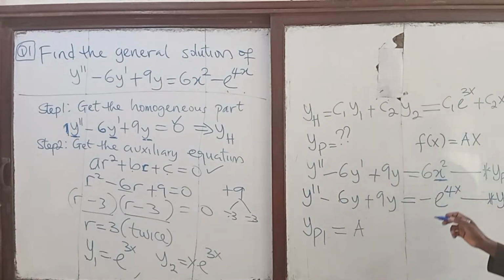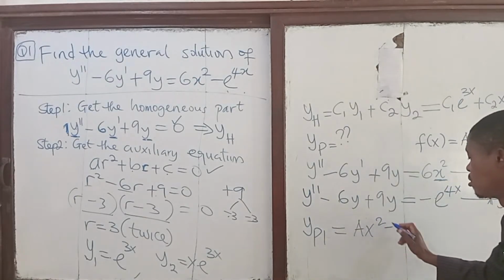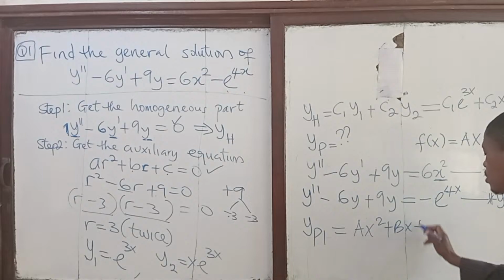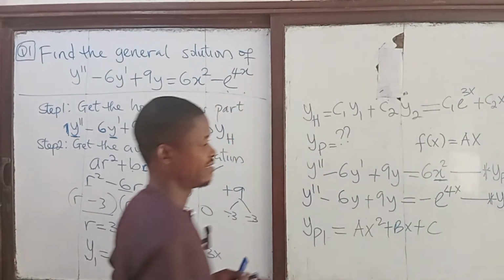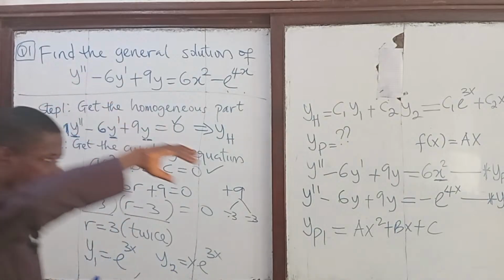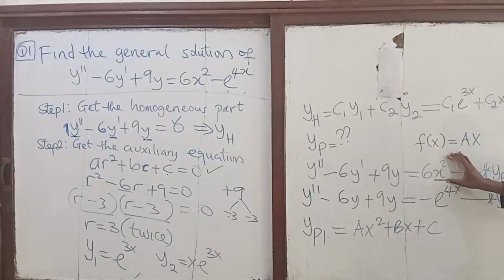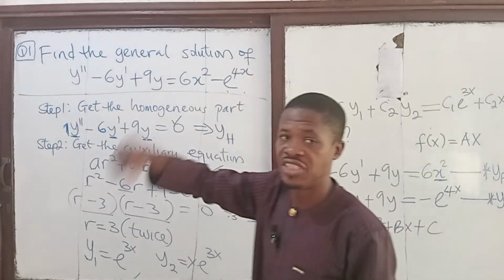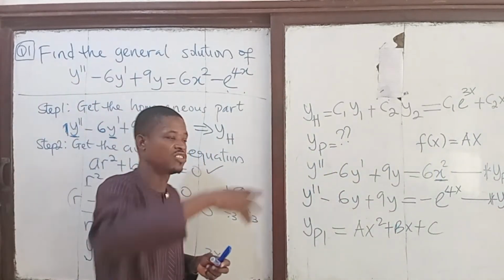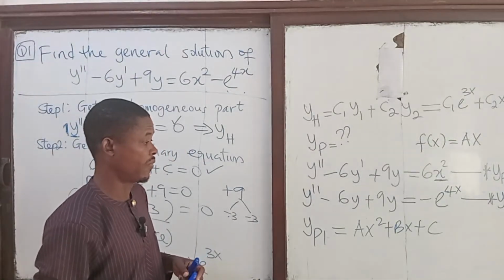Here it is quadratic, so that will be ax squared plus bx plus c. The 6 is not important. What is important is that it is a polynomial of degree 2, so we need to form a function also of degree 2. That's what we have done there.